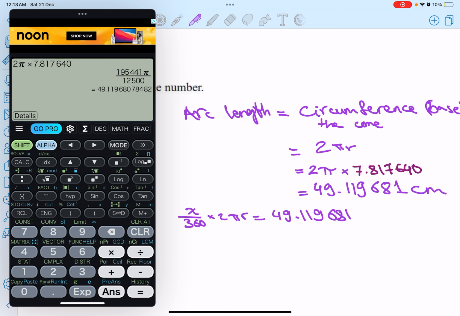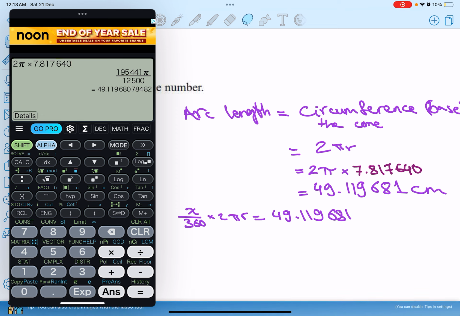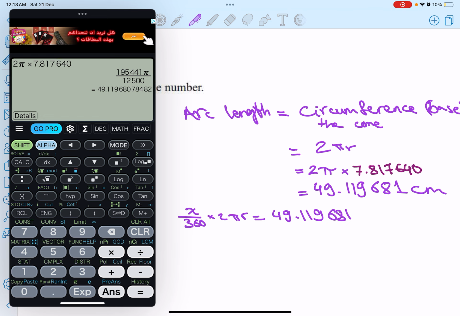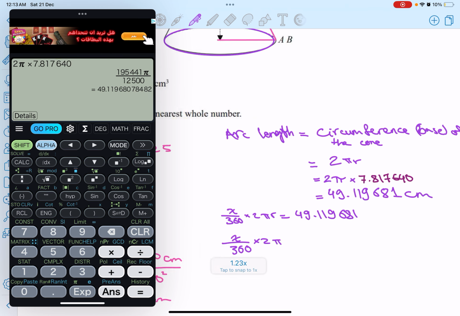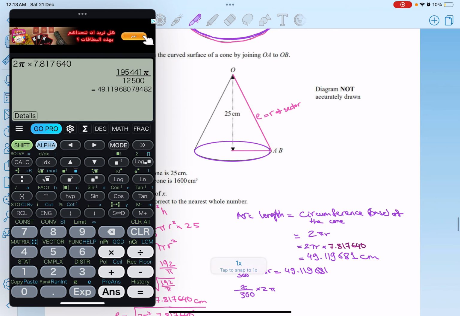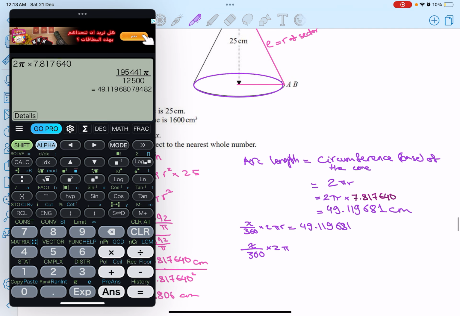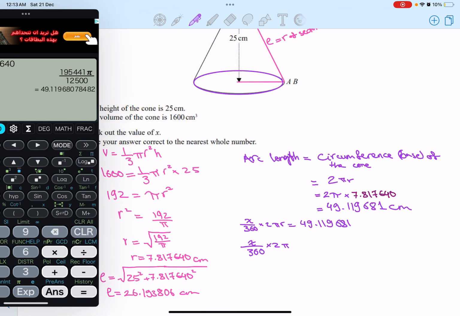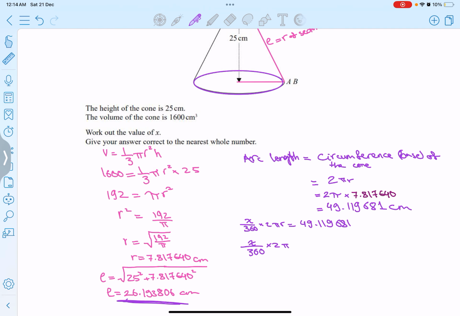So it's going to be 2 pi r. What is the r? X is equal to 360 times 2 pi, the r, which is the slant height. This one, don't get confused.